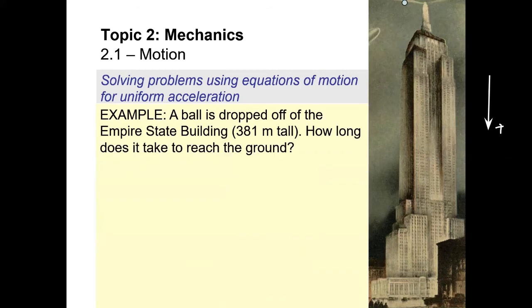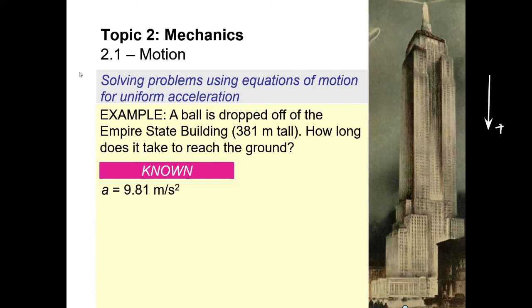The ball is dropped off the Empire State Building, 381 meters tall. How long does it take to reach the ground? Acceleration is the acceleration due to gravity, as we choose downward as the positive reference, so a equals g. Displacement is 381, positive as downward is positive.